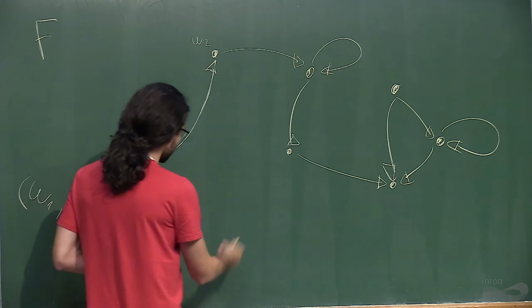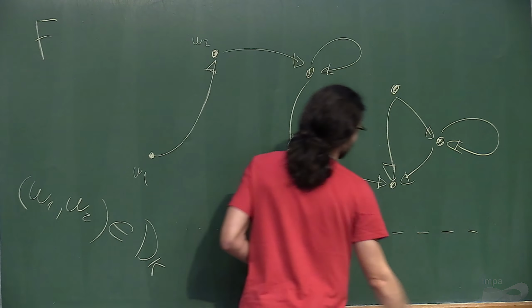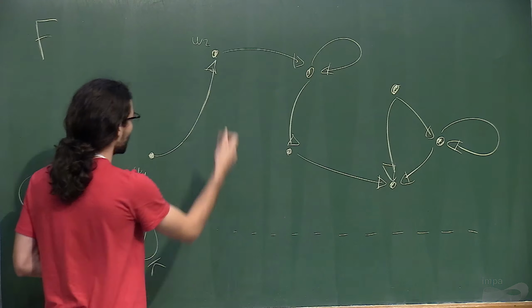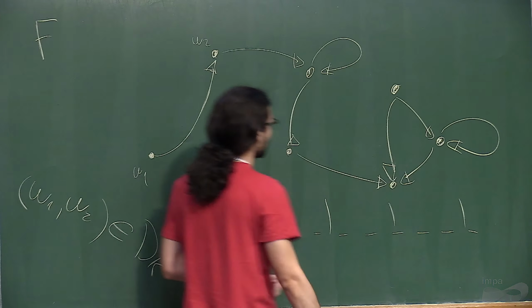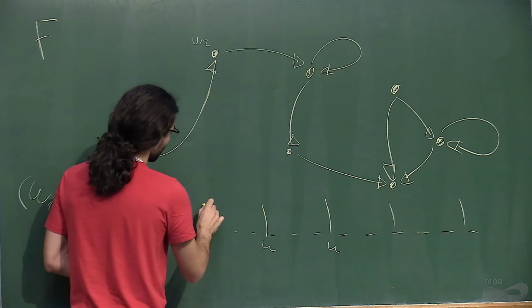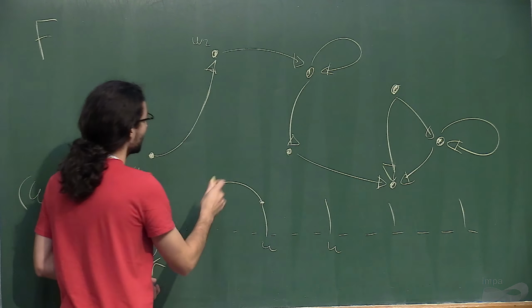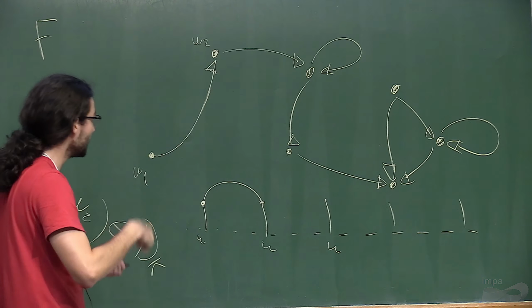And for instance, suppose that you have an infinite walk. Because the graph is finite, you have one of the cities that is going to appear infinitely many times. Call it W, for instance. So from here to here, you have a closed path starting and finishing at the same city.